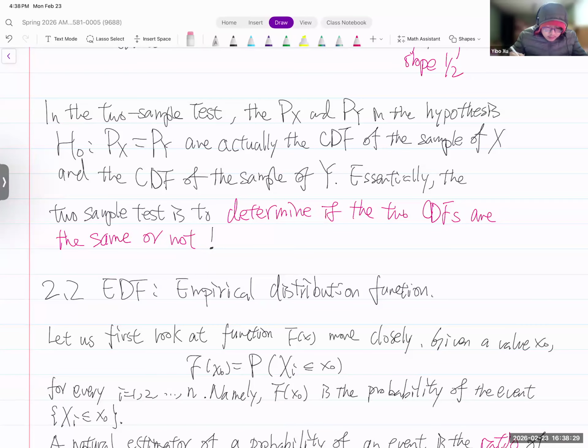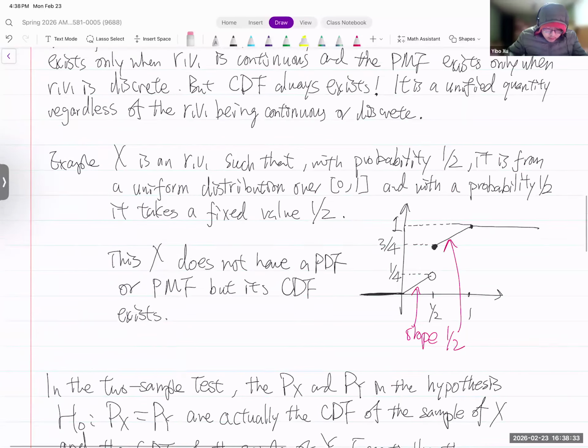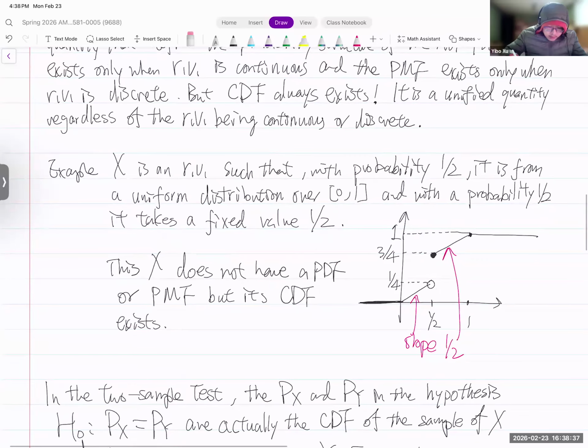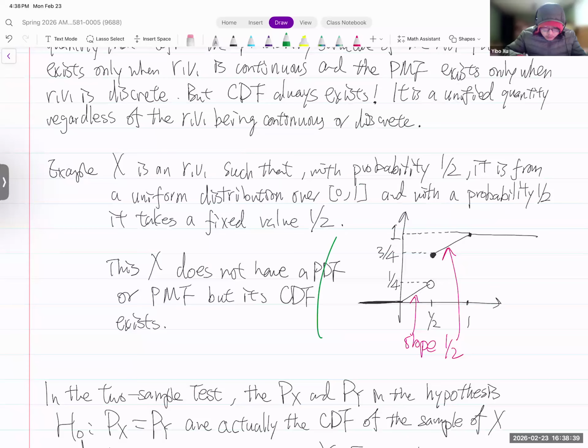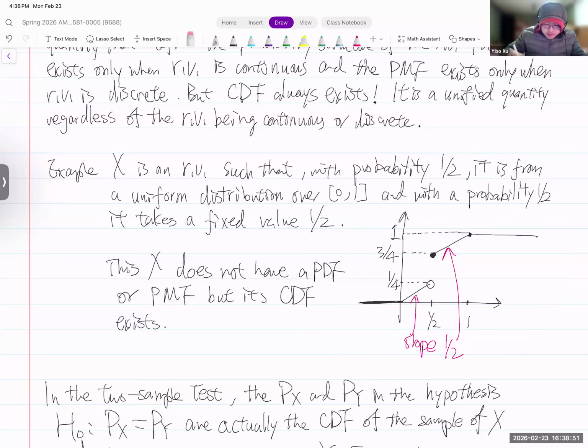Just to quickly look at what we were discussing, it's possible that certain distributions will not have a very good PDF or PMF, but the CDF, the cumulative distribution function, always exists.